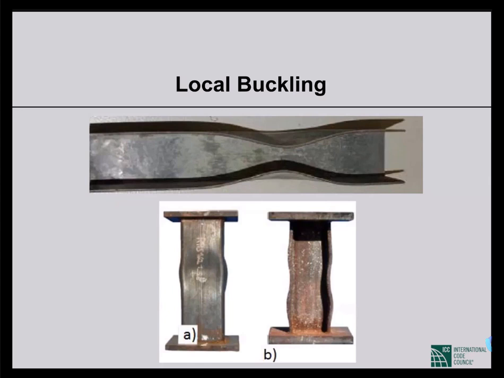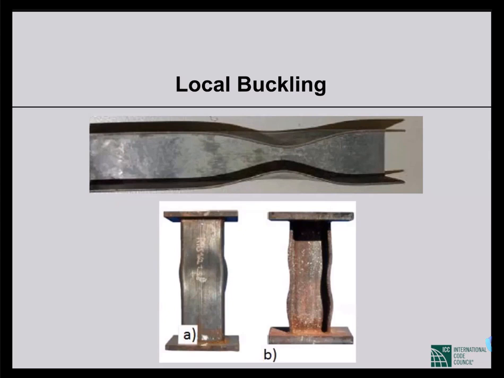For example, the column itself may be very short so that it doesn't buckle, but due to bending, or even shear, or even torsion, or a point load on the structure, an element of the member, like a flange or the web, may buckle. So the whole section of a column may be strong, but the flange or the web may be too thin.